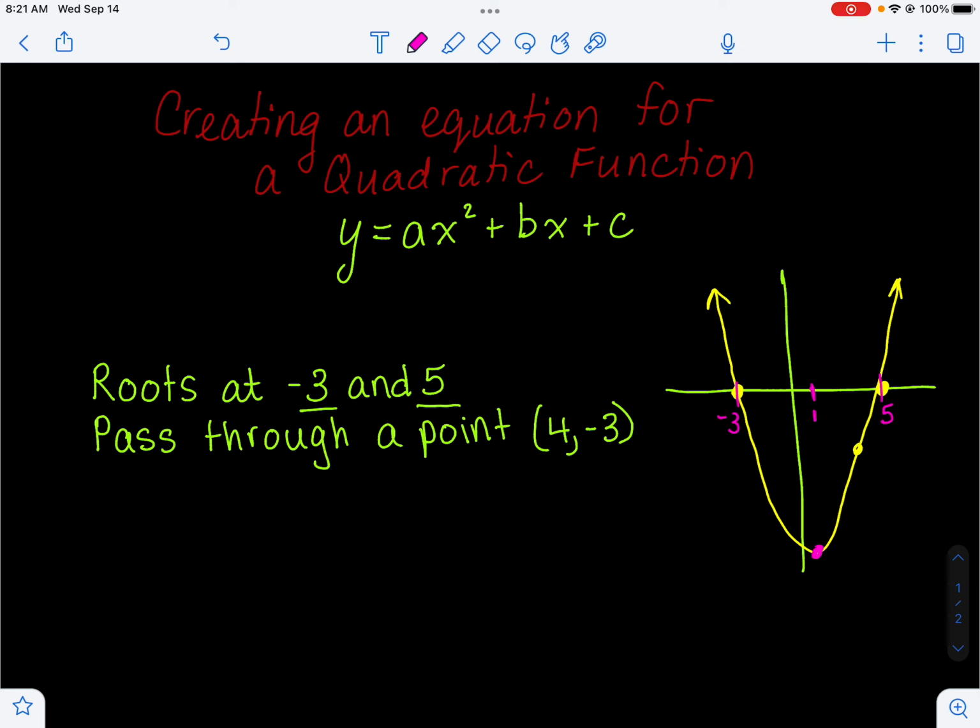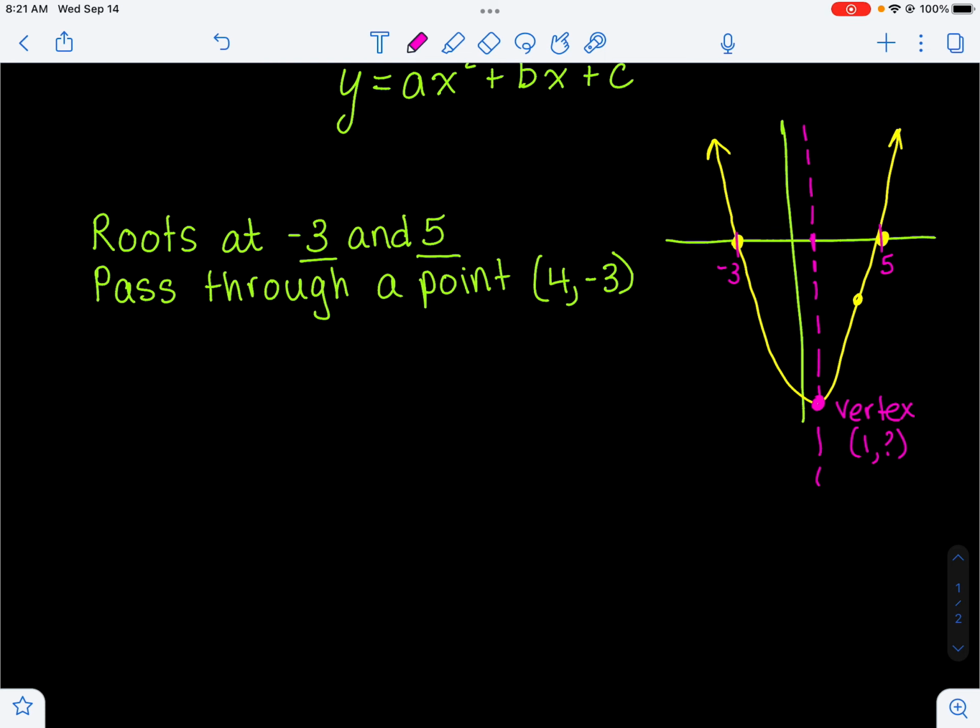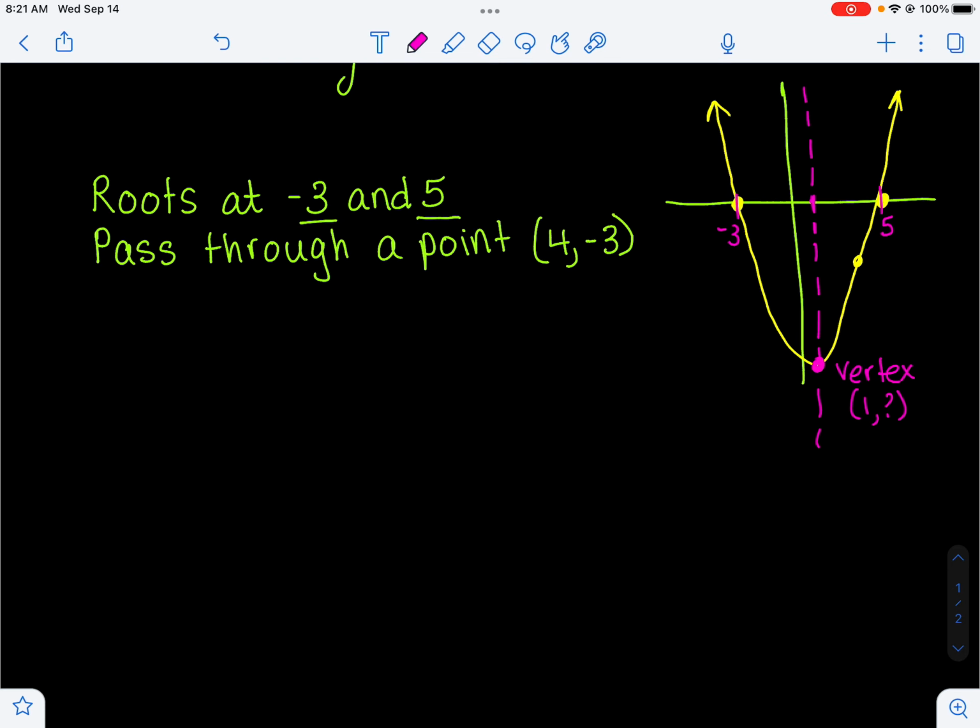So it's going to be right at 1. So you actually know just from this information that the vertex is going to be at 1, something. So yeah, there's a bunch of different ways you can do this. I'm going to try it one way and then you can see if you can think about other ways.